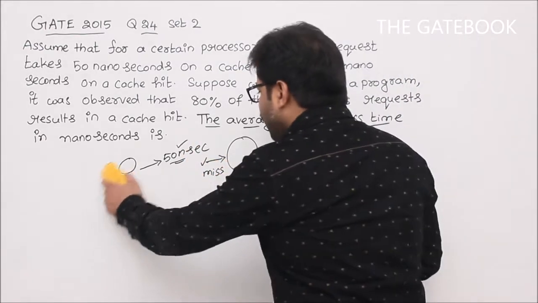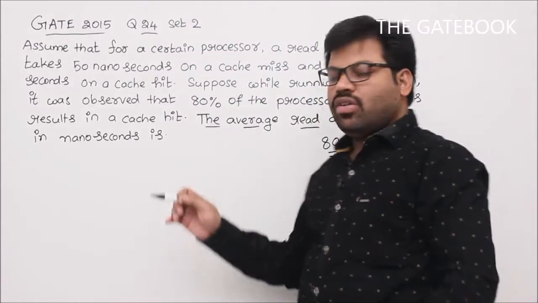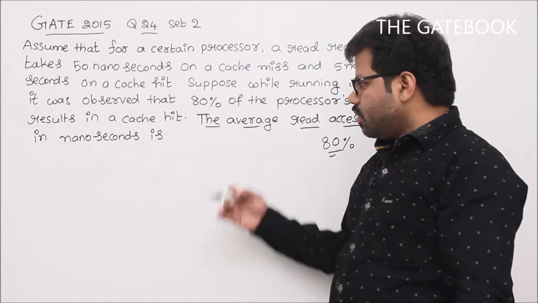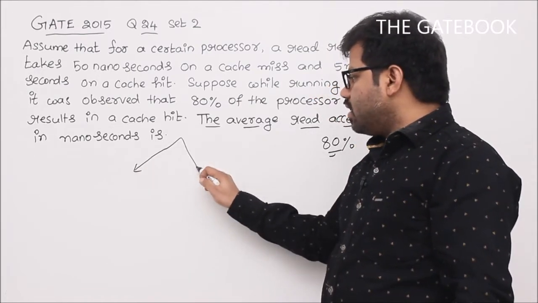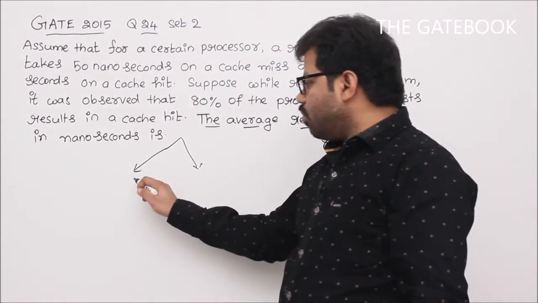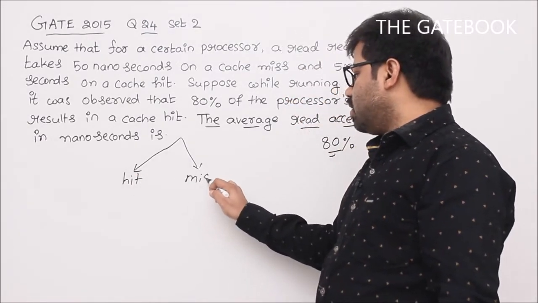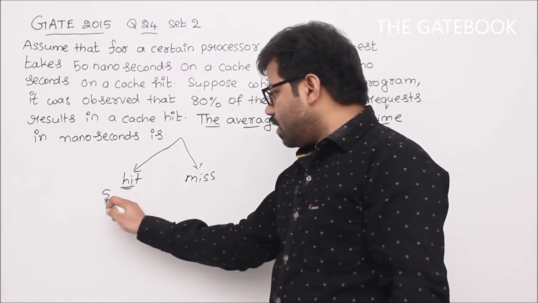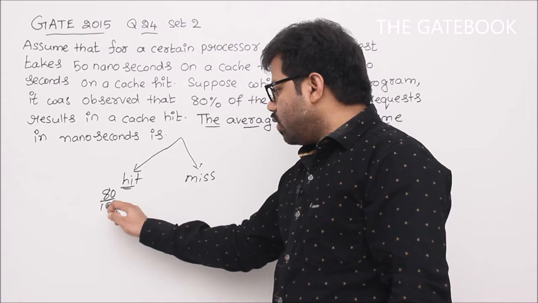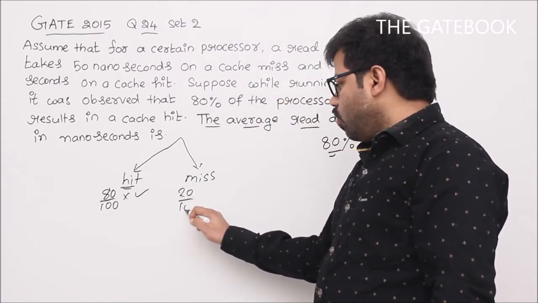Now the problem is very simple. To find the average access time, we have to divide all the cases into two parts. Case number 1 is a cache hit. Case number 2 is a cache miss. The probability of hitting the cache is 80%, so 80% of the time, what is the penalty? And 20% of the time, what is the penalty?